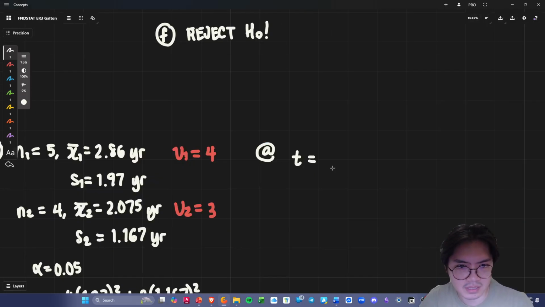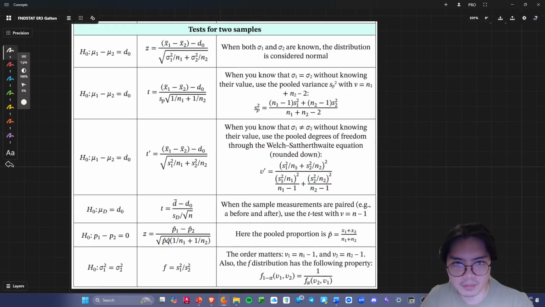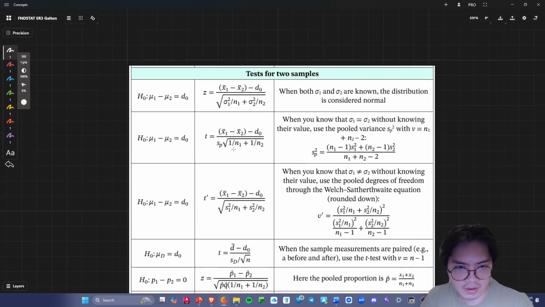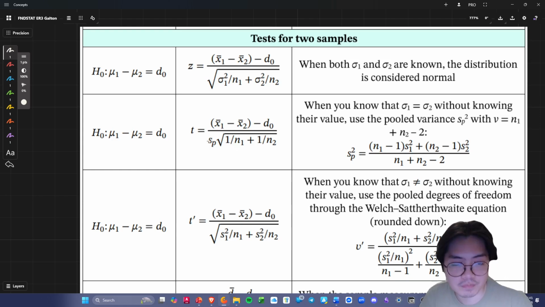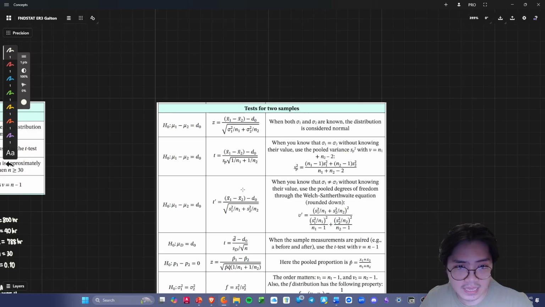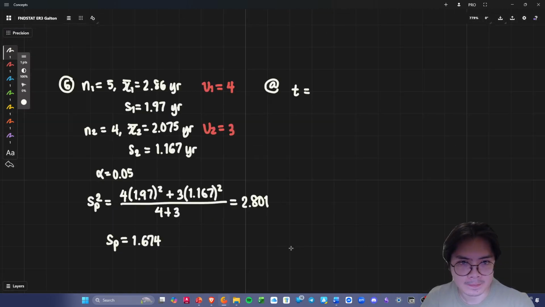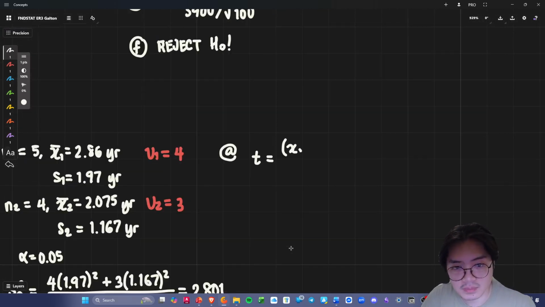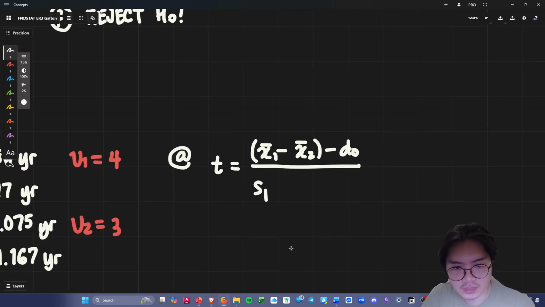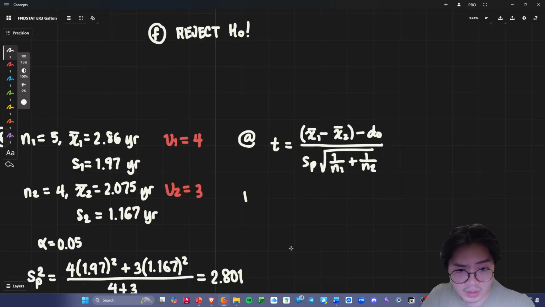Now that we have the pooled standard deviation, the test statistic is x1 bar minus x2 bar over Sp times the square root of 1 over n1 plus 1 over n2. Then we will have our hypothesis, and this one is a little bit more difficult.